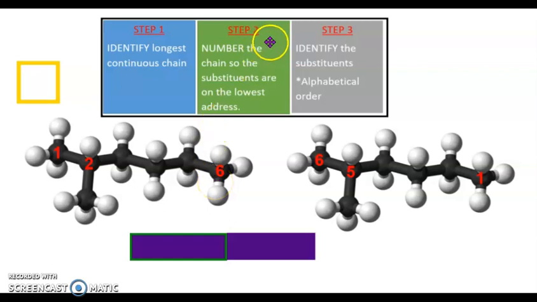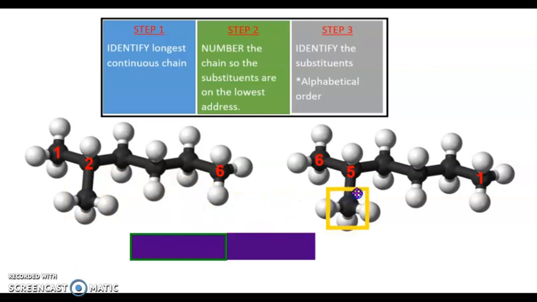Step 2 is to number the chain so the alkyl substituents are on the lowest address. Over here, this would be considered a branch. If I number this carbon 1, 2, 3, 4, 5, 6, this substituent will be on the lowest address, number 2.